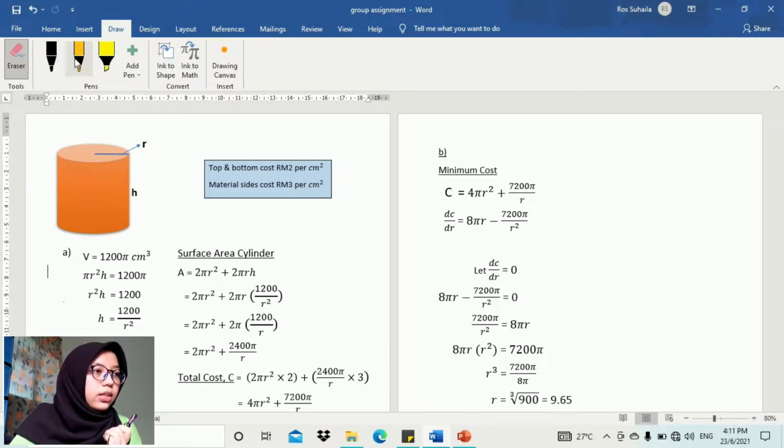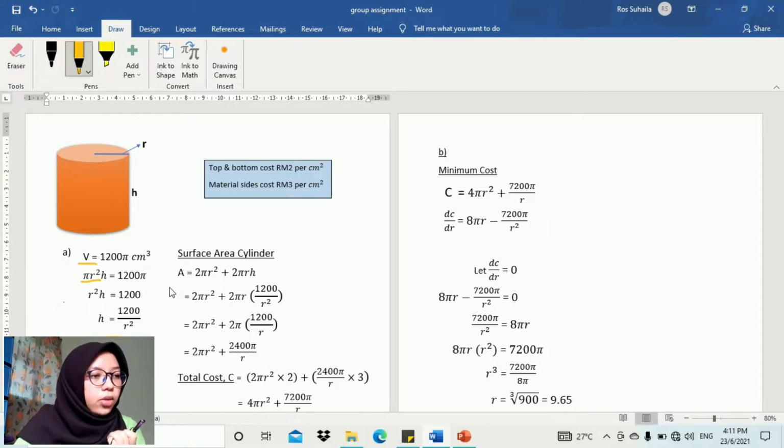The information given is V equal to 1200 pi cm³. Volume of cylinder is pi r² h, so we equate it to 1200 pi and we get h equal to 1200 per r².